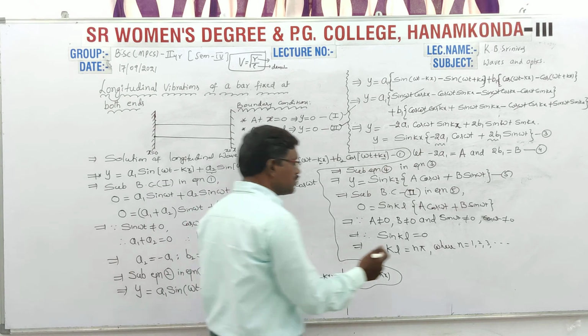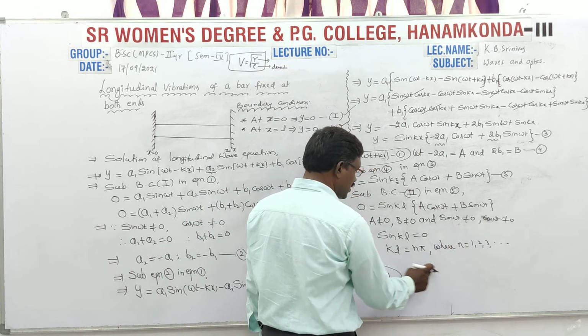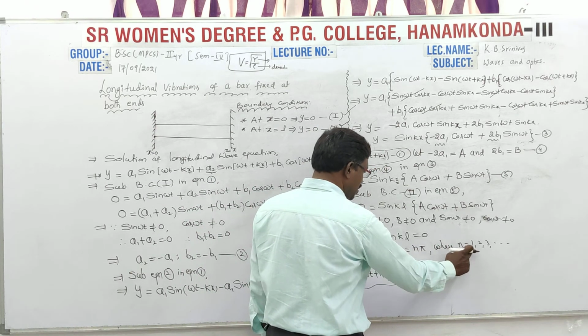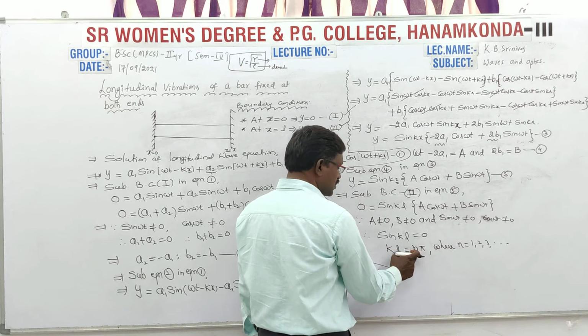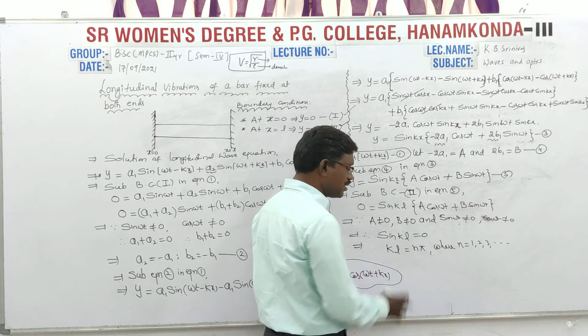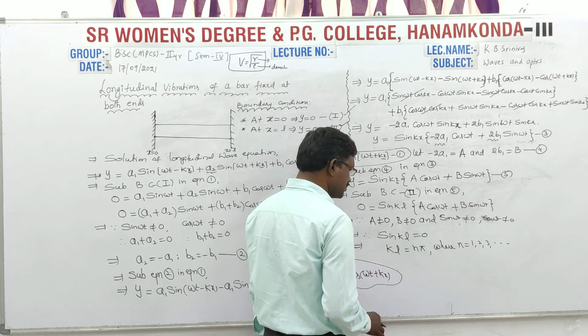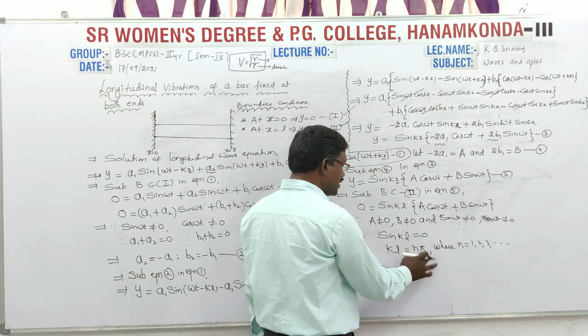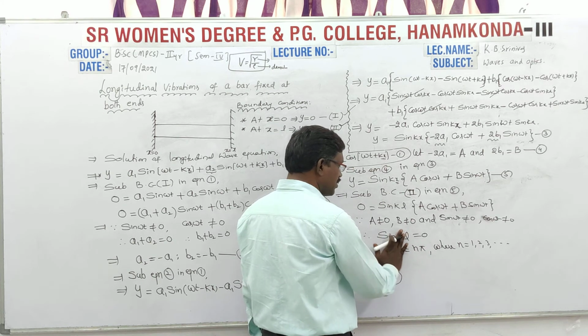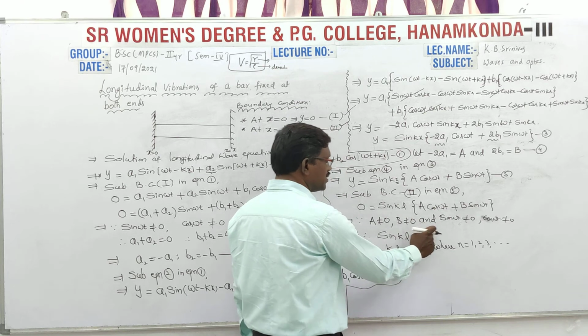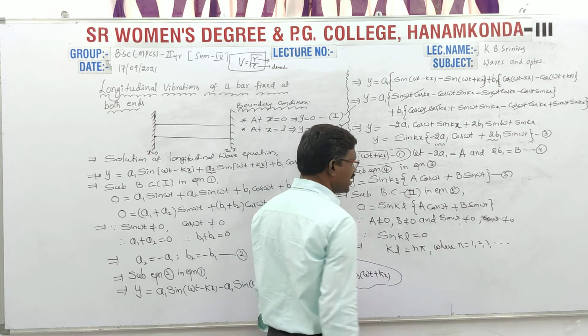When n equal to 1, if you want you can check, kl becomes pi. So pi means 180 degrees. So sin kl equal to sin 180 degrees gives how much? 0. This equation will be satisfied.